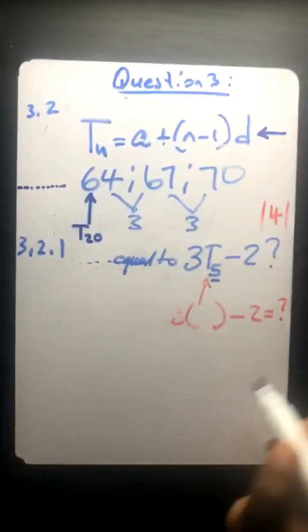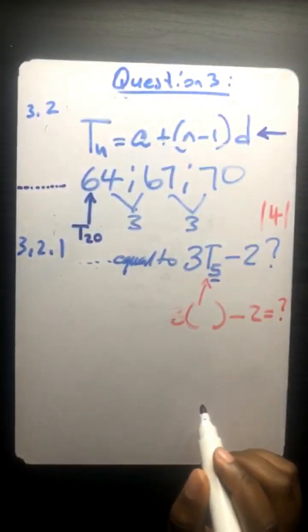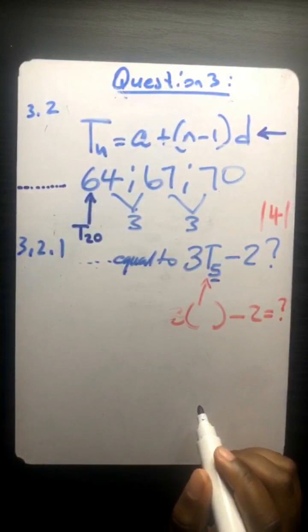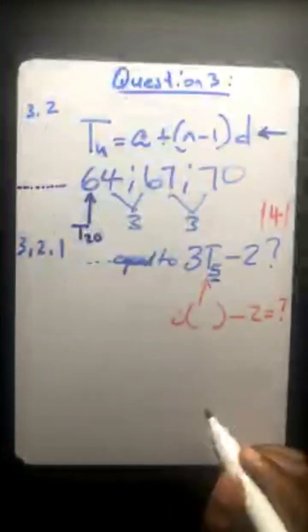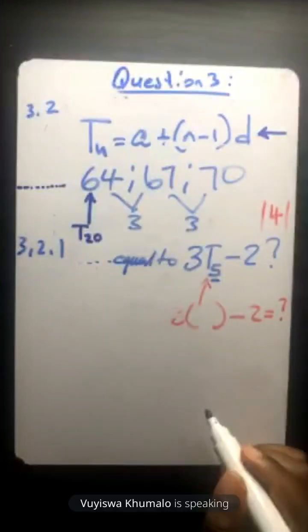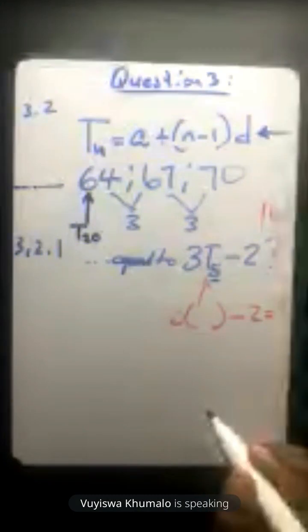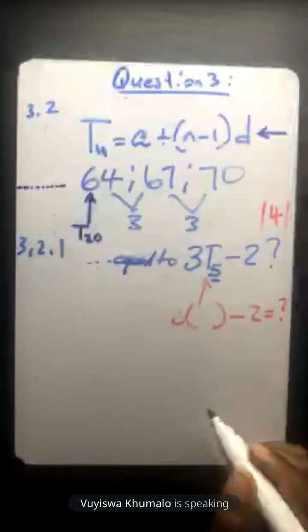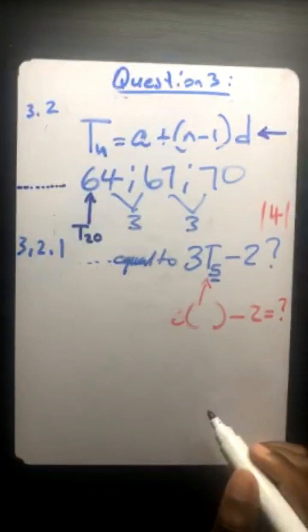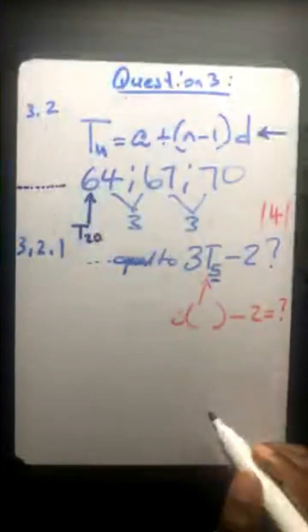But maybe let's try to test something. Is there someone who wants to say something there? I was going to ask, can we use T20 and then work backwards for A? 100%.